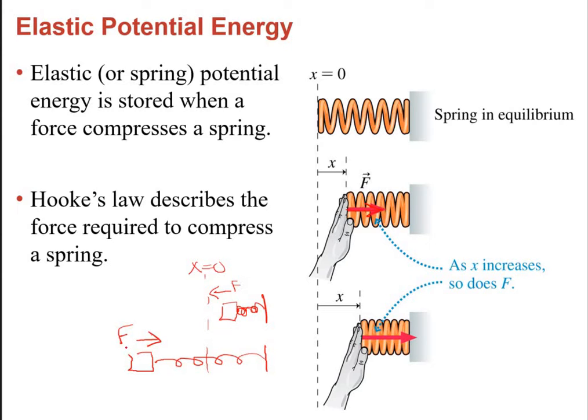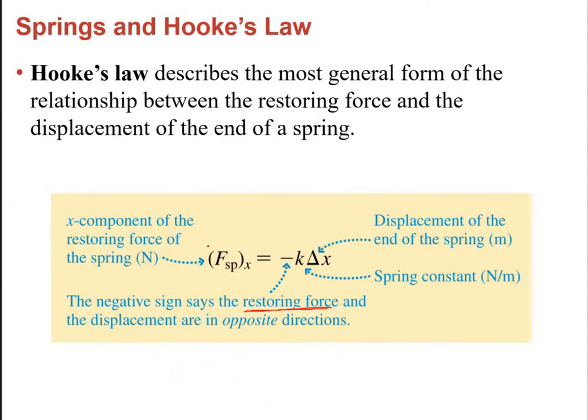Force is negative on this side and positive on this side, whereas x is positive on this side and negative on the other. So you see that opposite sign. We need that sign to fix the direction of force.